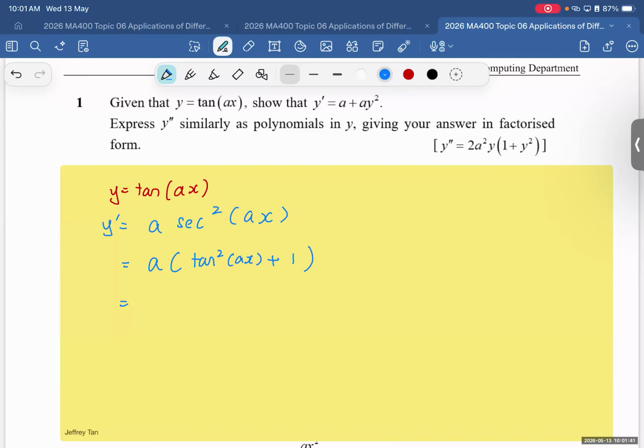This is the easiest way that I know of, though there are other ways you can use it. So you can see that this is A plus A tangent square, and in fact it's just A plus A y square. So the first part is done.